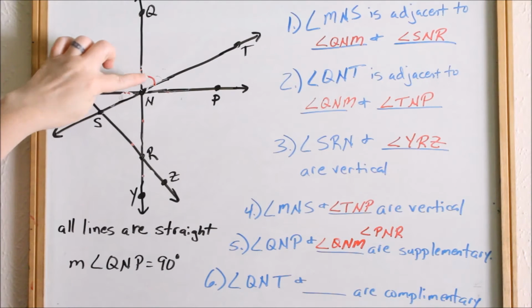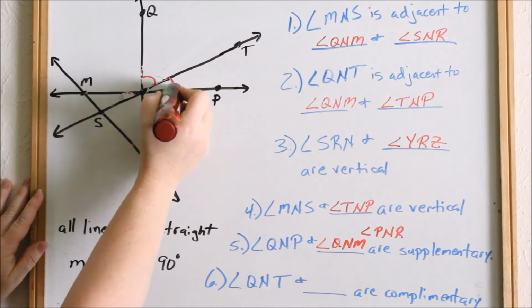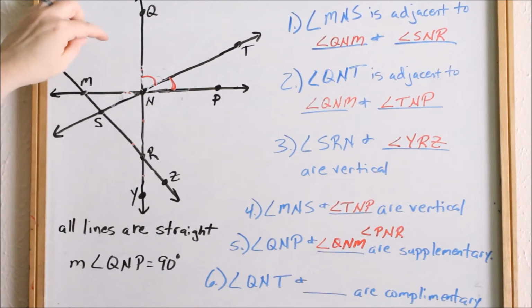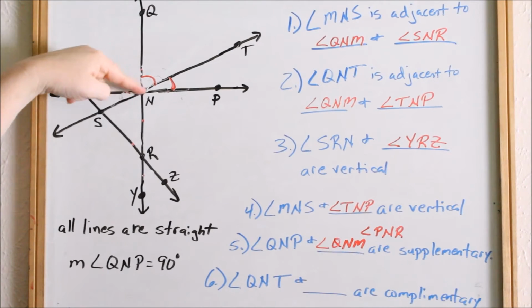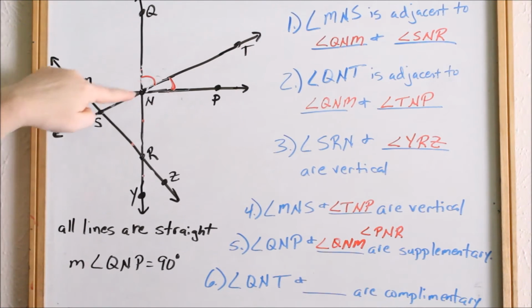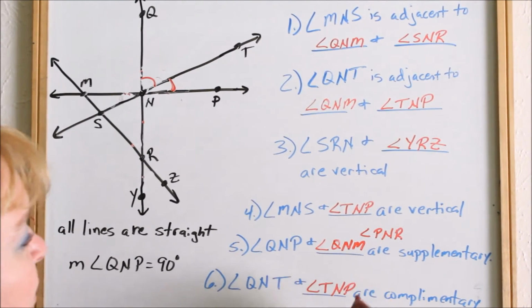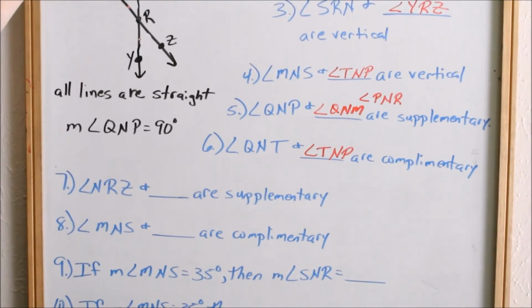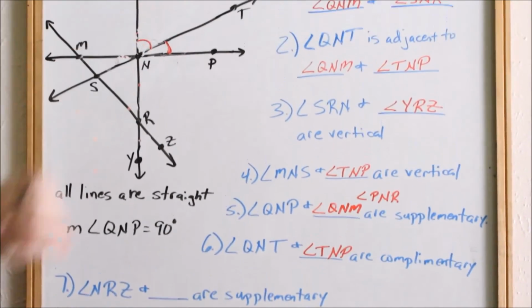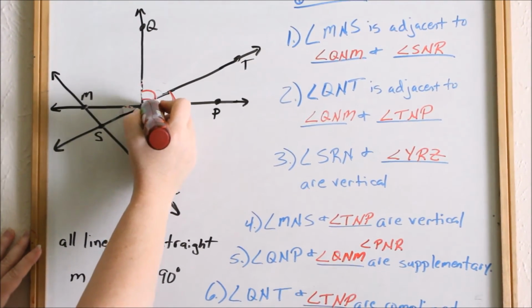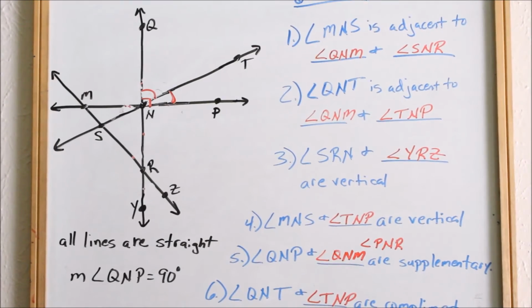So if we take this angle and add it to the one I just marked, those two add up to 90 degrees. QNT and then adding TNP, those add up to 90 degrees, because that is our right angle.